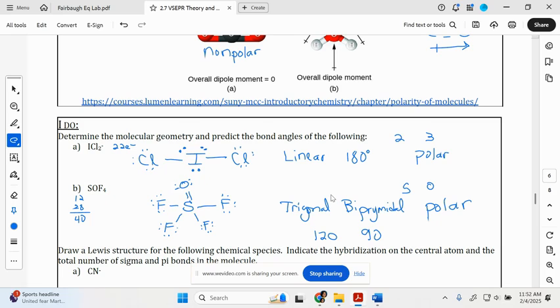Okay, so what's happening with this, if you're wondering what's going on here, is if we were to actually draw this, you would have your central atom here and you would have 3 things coming out of it this way, and then you would have one on top and one on bottom coming this way. So it's going to end up like that. So that's what they mean by 90.